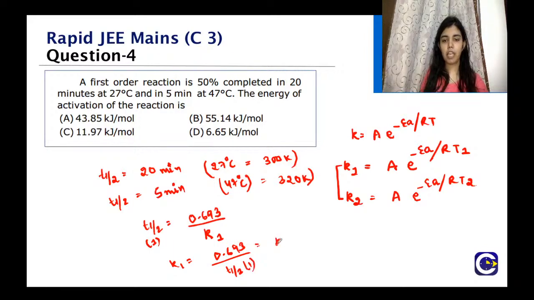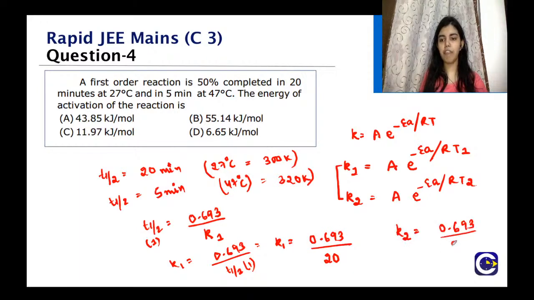So K1 will be equal to 0.693 divided by 20 minutes. Similarly, K2 will be equal to 0.693 divided by 5 minutes, where T1 is 300 Kelvin and T2 is 320 Kelvin. So we have got the values of K1 and K2.